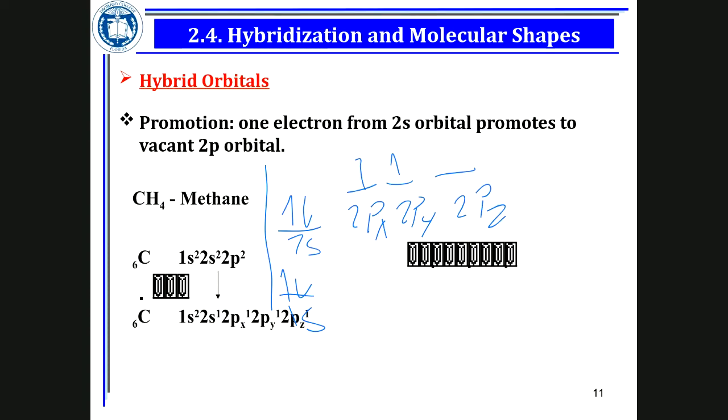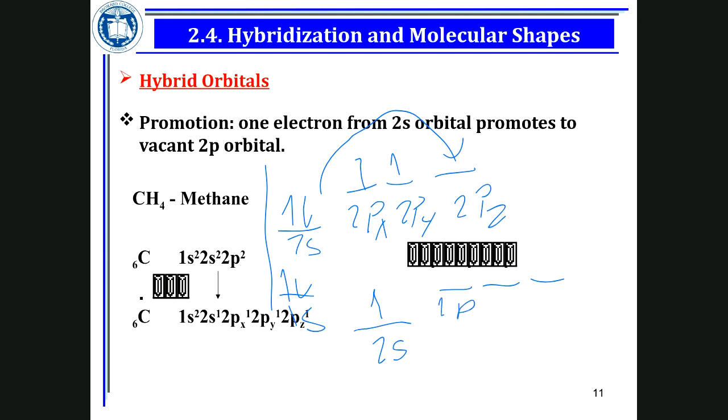First excitation is going to take place, and 1 electron from the 2s orbital is going to go to 2pz. Now you are going to have 1 electron in s and 1 electron in every 2p orbital.